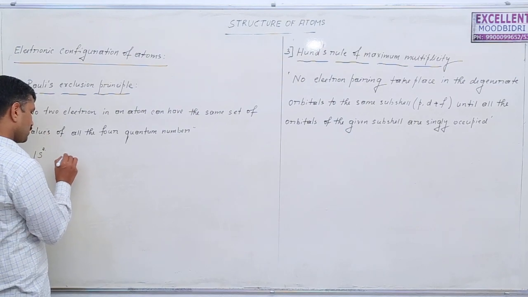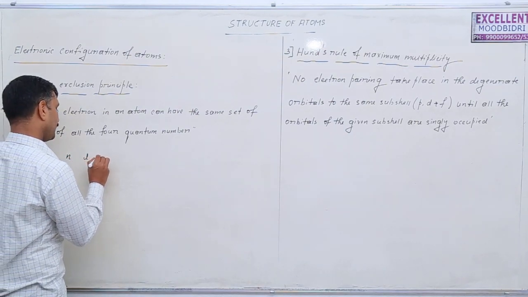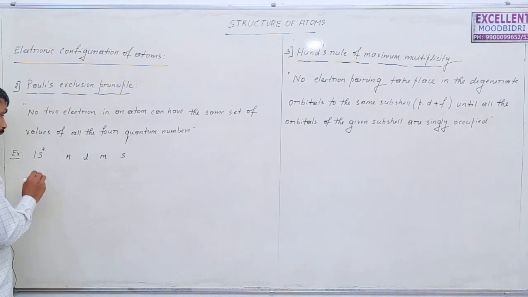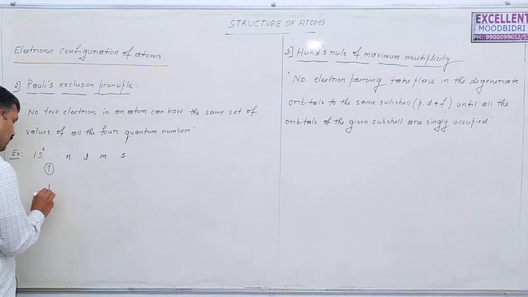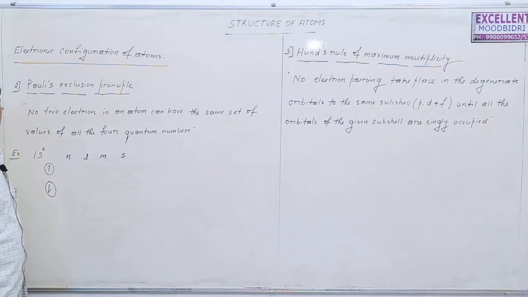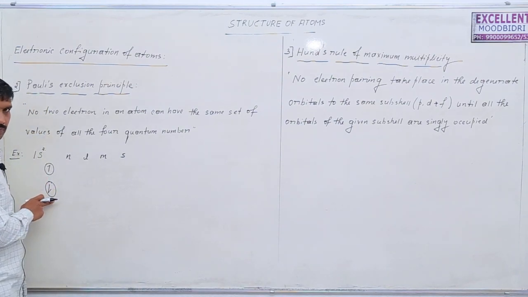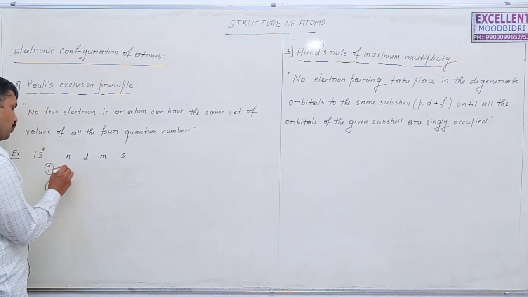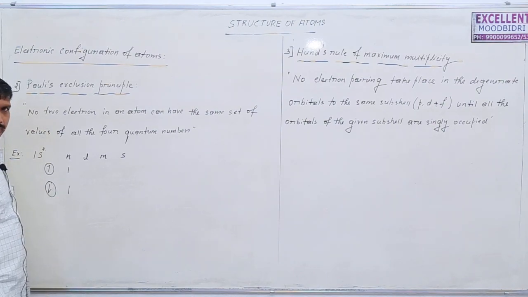Here I can write the quantum numbers n, l, m and s. There are two electrons: this is the first electron, and this is the second electron. For the first electron, what is the value of n? 1. For the second electron also, the value of n equals 1.